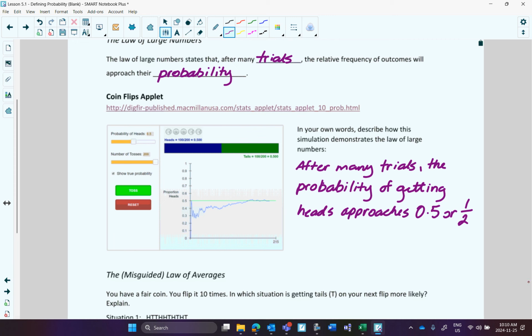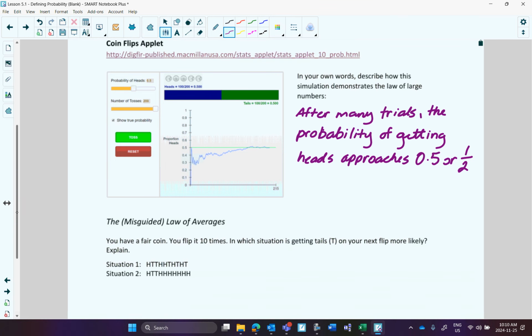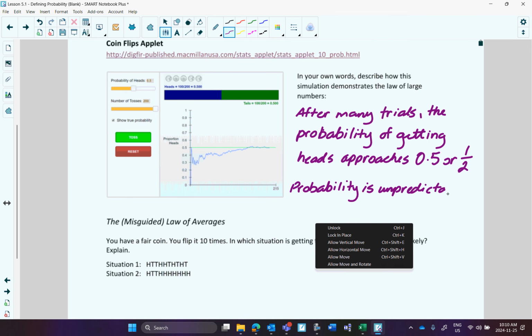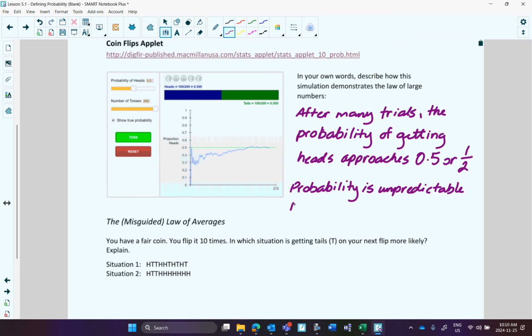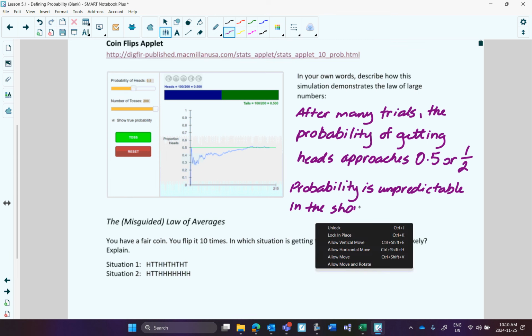But we don't know that in the short run. So just remember this too: probability is unpredictable in the short run, predictable in the long run.